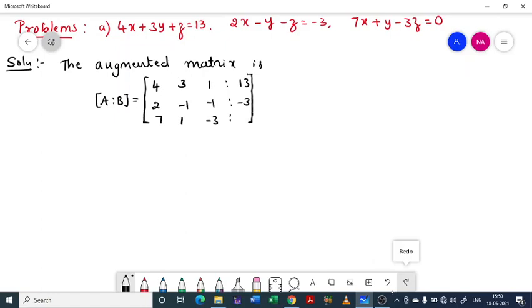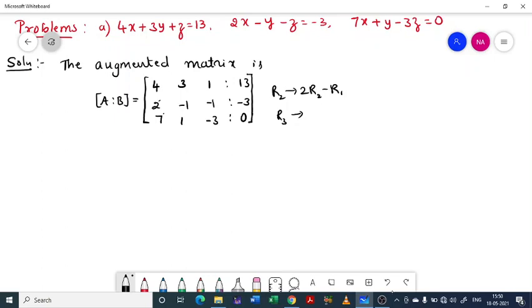Now the first operation we need to apply is to make these two 0, right? This and this. So R2 changes to 2R2 minus R1. I have to get here 4 minus 4. Since 4 is there, I have to make it 4, so multiply by 2. And R3 changes to, here I have 7 but here I have 4. 7 minus 4 is not possible.